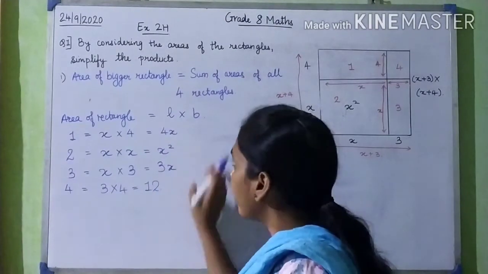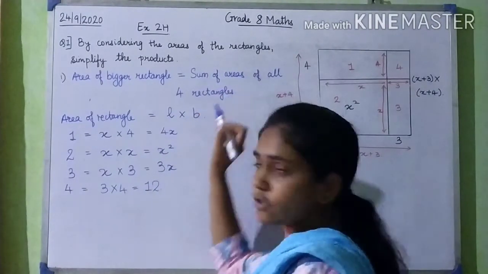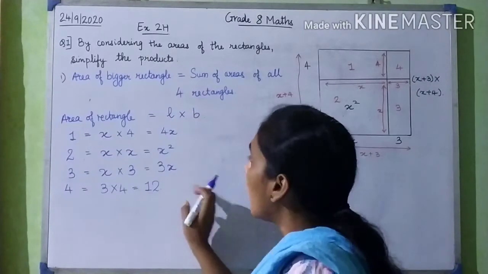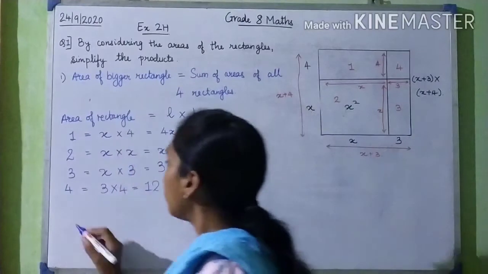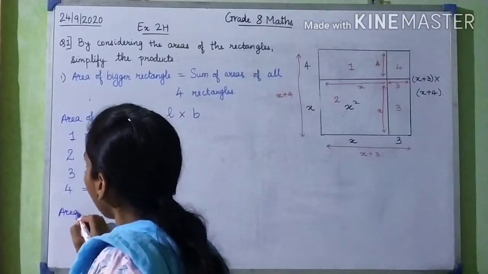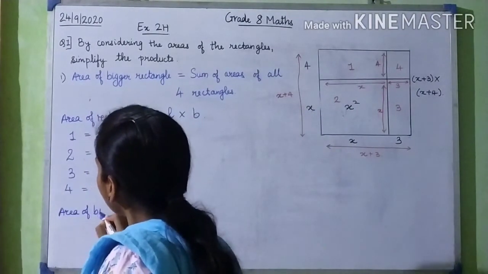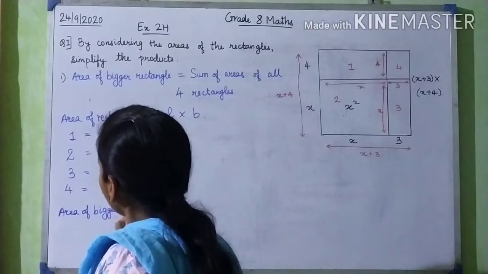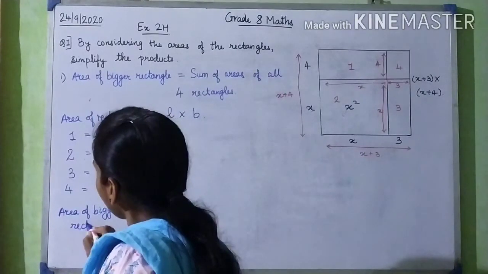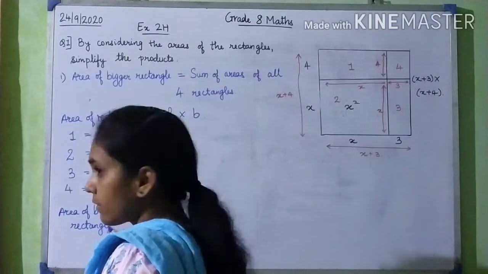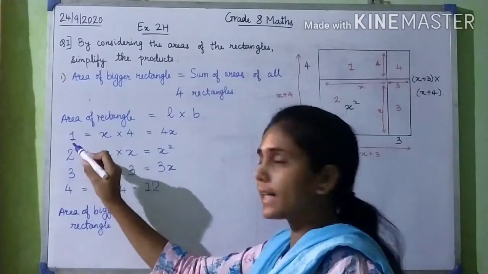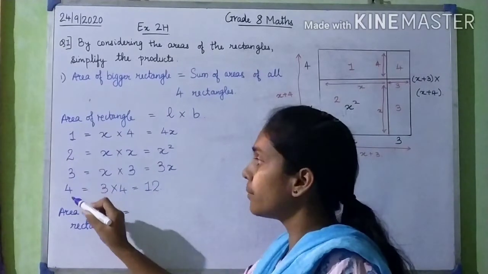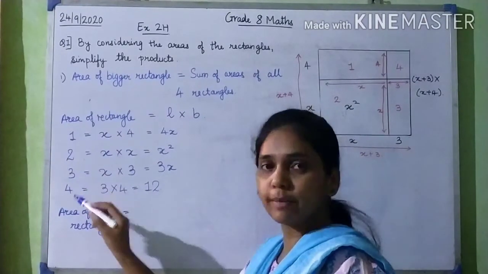So these are the areas of all the 4 rectangles. So when I add them together, sum of areas. So when I sum them all, I will get the area of the bigger rectangle, right? So area of bigger rectangle is equal to the area of rectangle 1 plus 2 plus 3 plus 4.